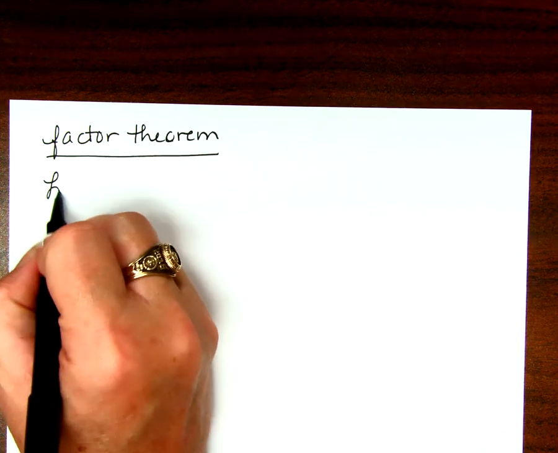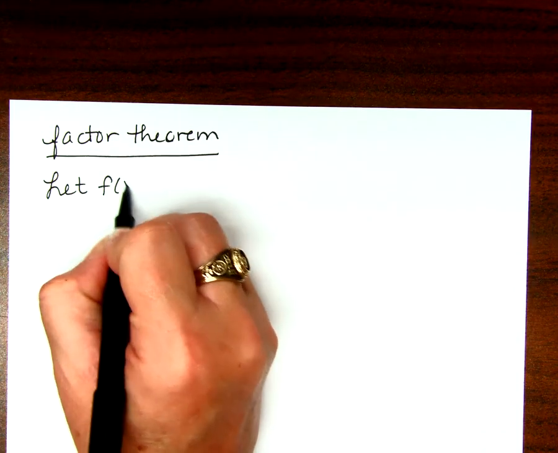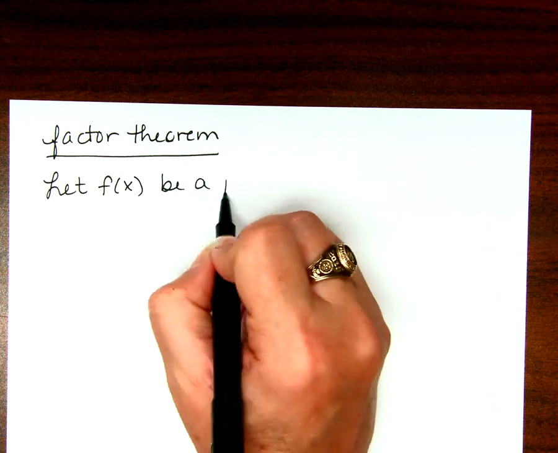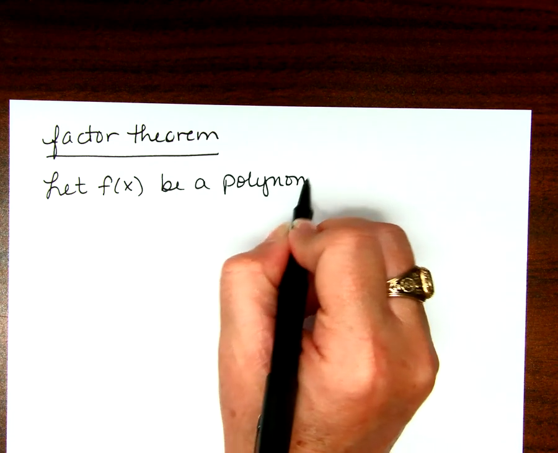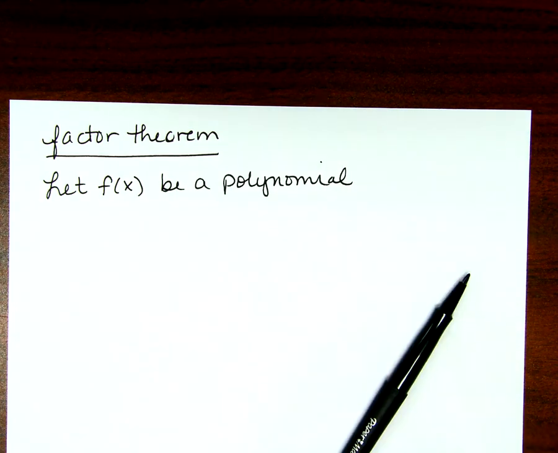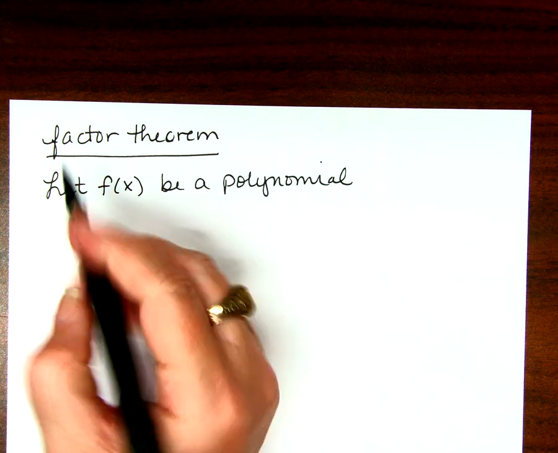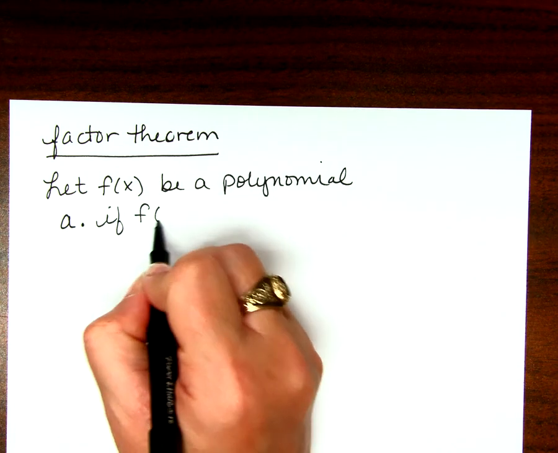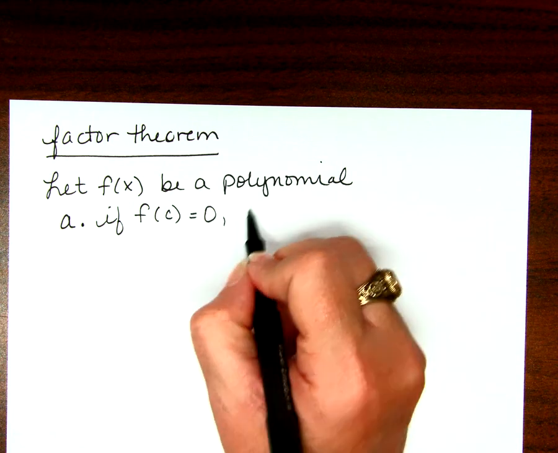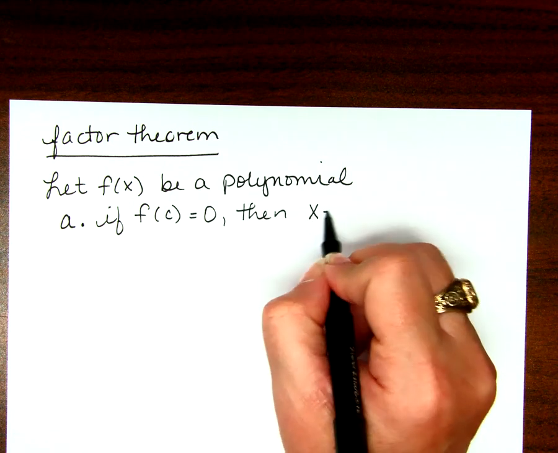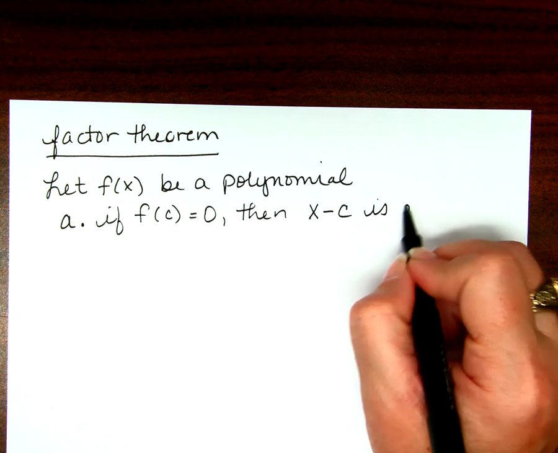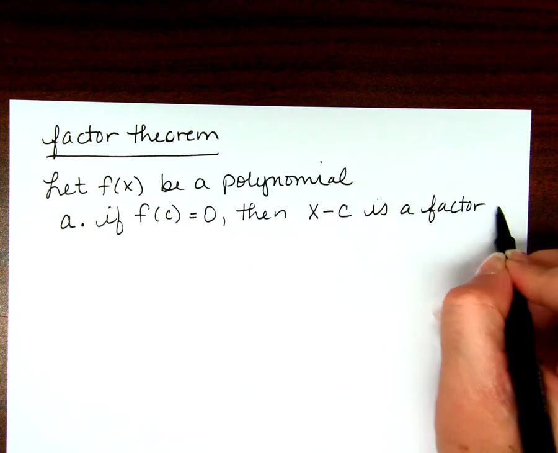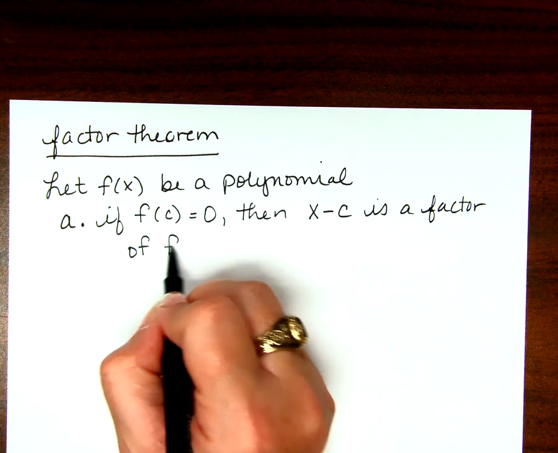So first of all, we're going to say let f of x be a polynomial. Okay, so there's two parts of this. Part A, if f of c equals 0, then x minus c is a factor of f of x.